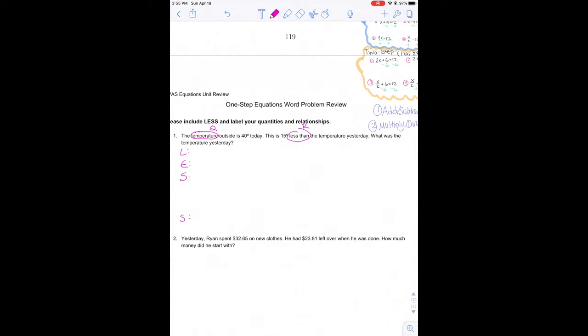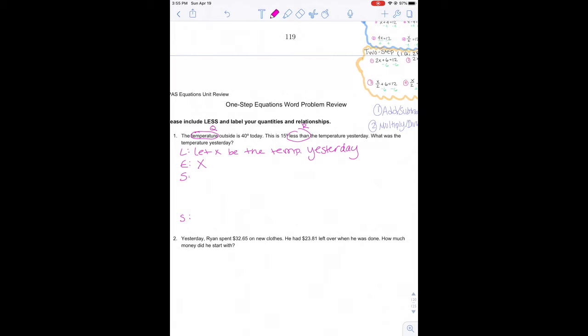Okay, so I'm going to start with let x be the temperature yesterday. That's the mystery number. That's what the question is asking. What was the temperature yesterday? So for the equation, this is kind of like a comparison problem. So we have the temperature yesterday, and the temperature yesterday is the bigger temperature. It says today's temperature is less than yesterday's.